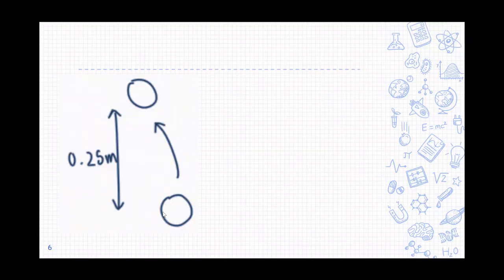The ball travels a total distance of 0.25 meters from the bottom to the top of the arc. Can we find the initial velocity of the ball? When solving for kinematic unknowns, it's always best to list out what we already know.